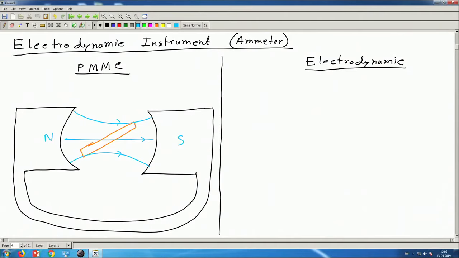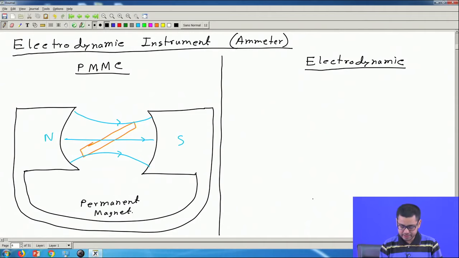Okay. In electrodynamic instruments, the only difference is that instead of having this permanent magnet, so this is a permanent magnet, here we will use electromagnets.